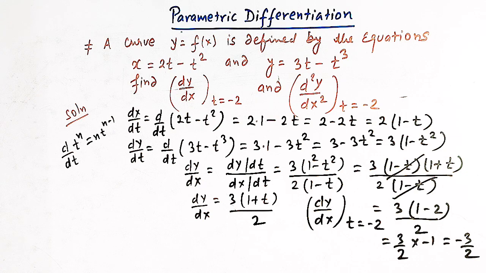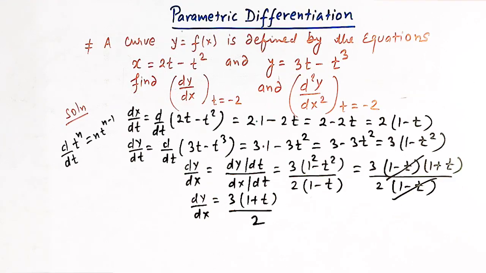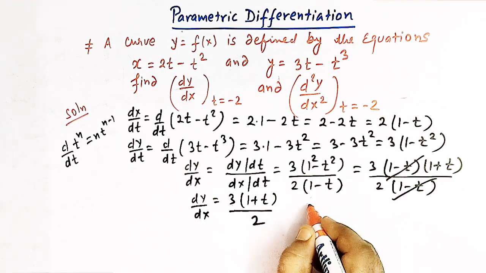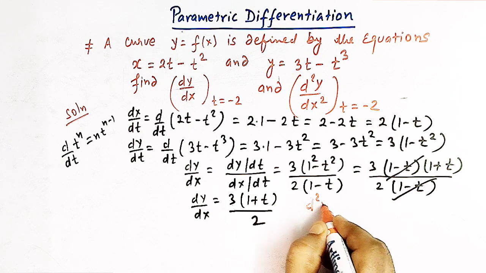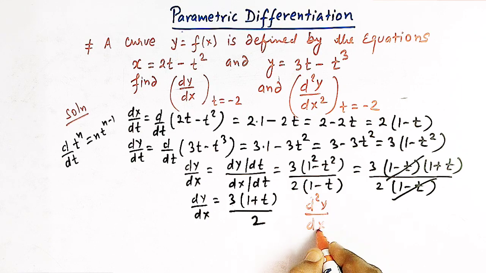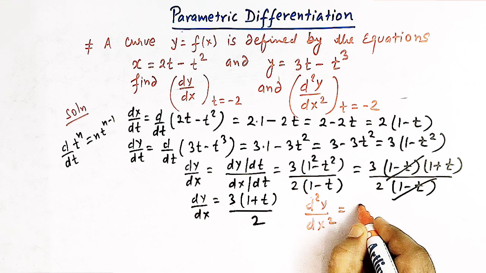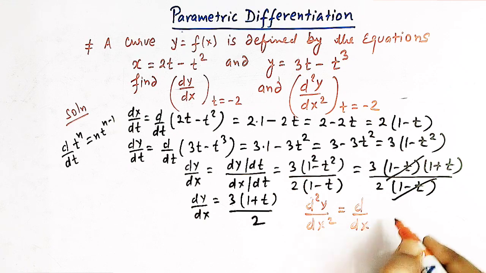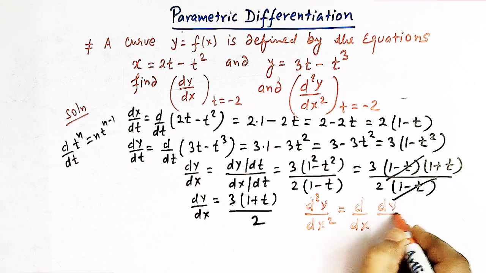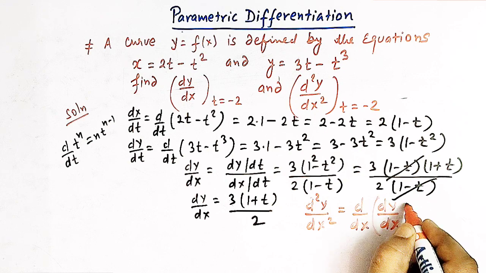Now let us find out the second derivative of y with respect to x. So now the second derivative, that is d2y over dx2, is given by d by dx of dy over dx.